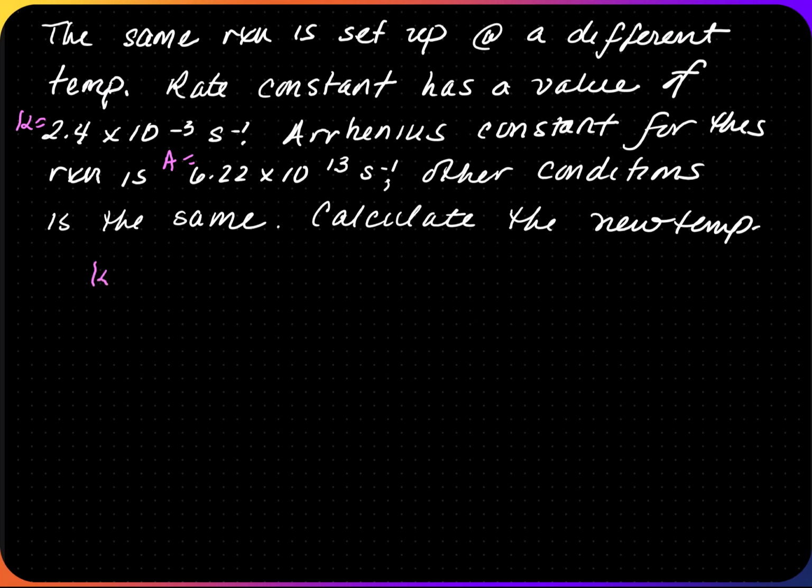So we're going to start with our equation. K is equal to A e to the negative EA over RT. We need to solve for temperature, so we need to take the natural log to get rid of e. So if I take the natural log, it's natural log K, equal to natural log A plus natural log e, which is negative EA over RT.